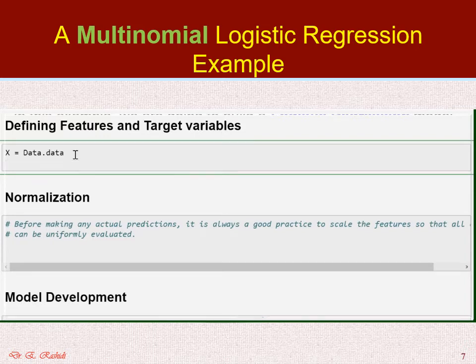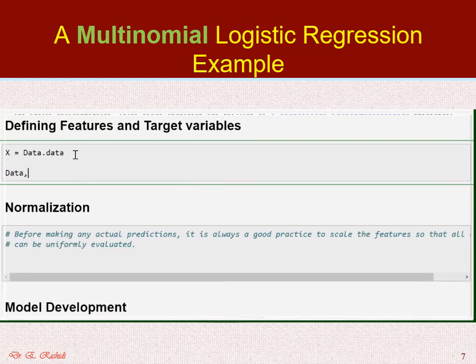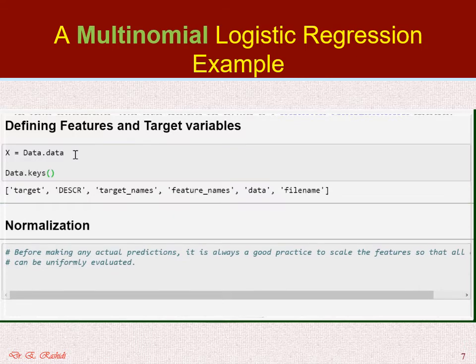To show you why that is, I'm going to go back again to the keys of this dictionary. So here we have the target, names, data. Data actually is all the feature variables, all those columns that include the feature variables, and target is just the target variable. That's why we can do that, right?